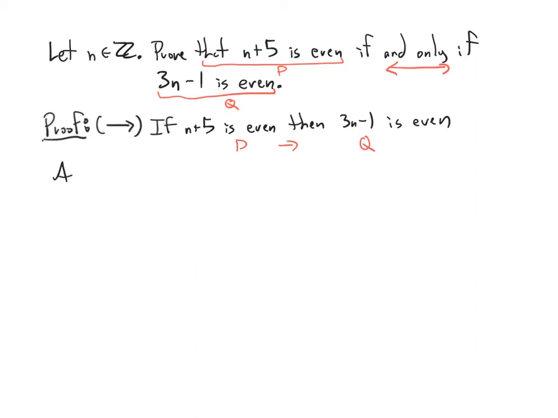So let's assume that n plus 5 is even. Well, if n plus 5 is even, what does that tell me? That tells me that n plus 5 equals 2 times k for some integer k.